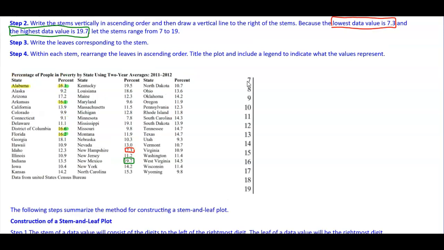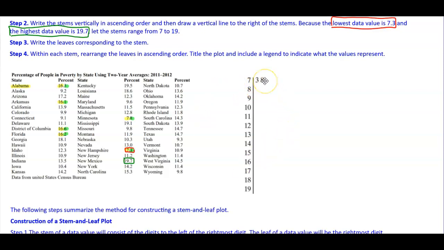Let's start with 7. With 7, we want to take a look at all the data with a stem of 7. We have a 7 here for Minnesota and a 7 for New Hampshire, and so we have 0.3 and 0.8 as the leaves: 3 and 8.